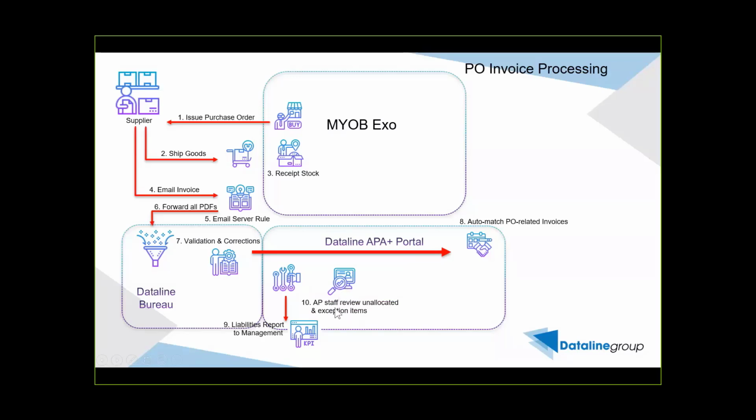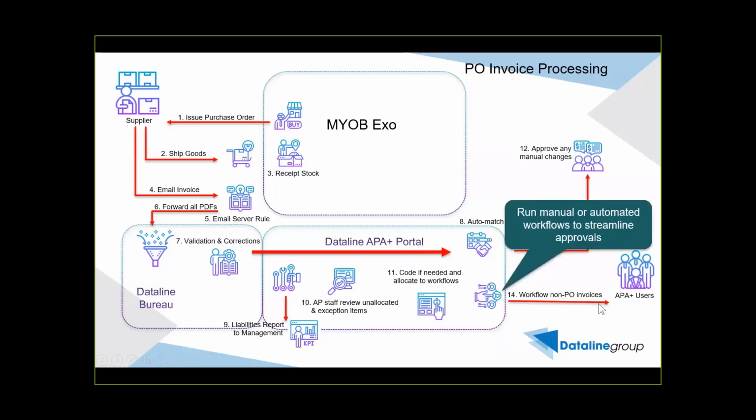In the case of an item coming through without a purchase order, it can be allocated to a ledger code, either manually or by the system, as the system learns how to code the documents, and then pushed into a workflow. A workflow will allow a purchase order related item to go through to another final approver if it's been changed, or in the case of non-purchase orders, allow them to be pushed out to multiple steps in workflows to go through an approval process that matches your current requirements.